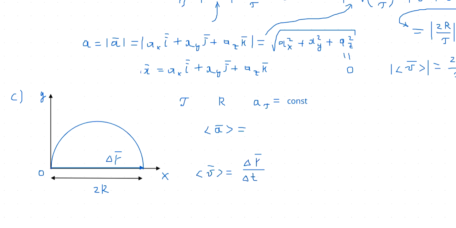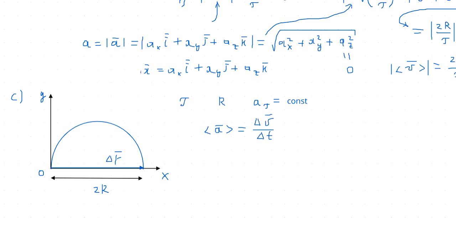So we can write a very similar formula in this way. Okay, and now we need to find delta v, the change of velocity.